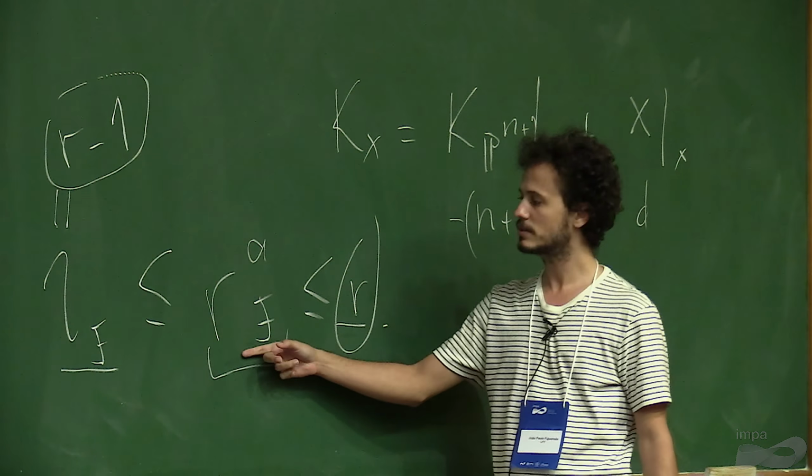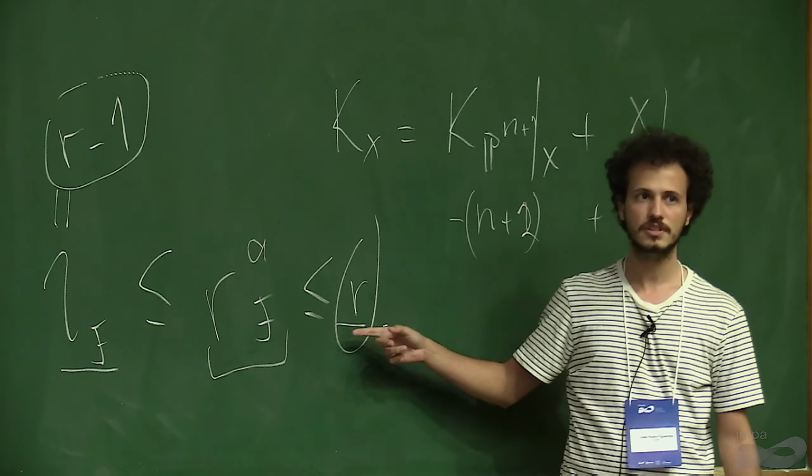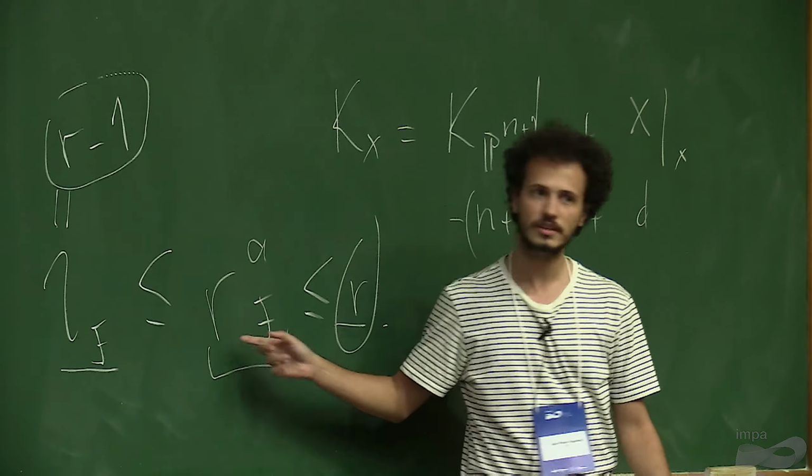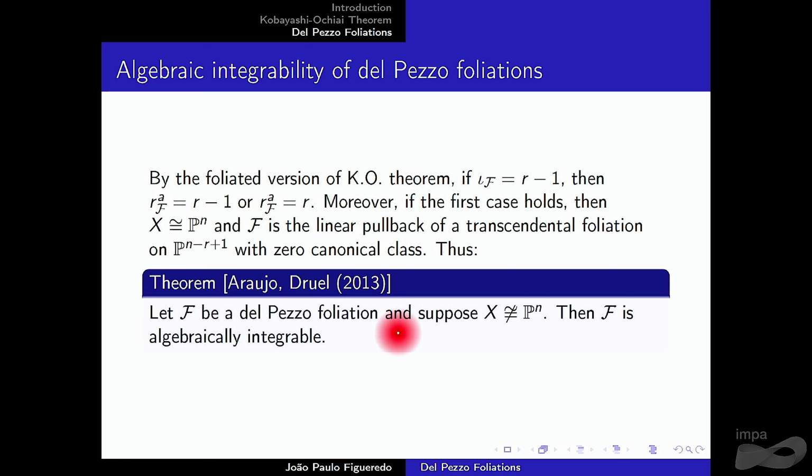If the other case holds, this will mean that the foliation is algebraically integrable, since the rank of the foliation is its algebraic rank. So this means that if you start with a Fano foliation and suppose that the space is not the projective space, this will imply that this first case cannot hold, so only the second case, and this implies that F is algebraically integrable.